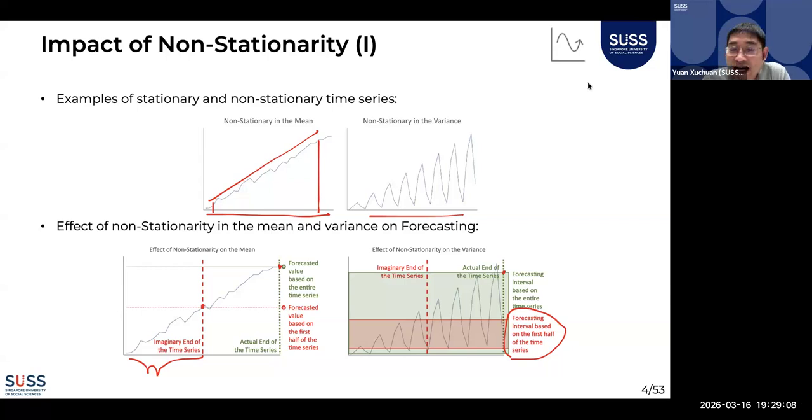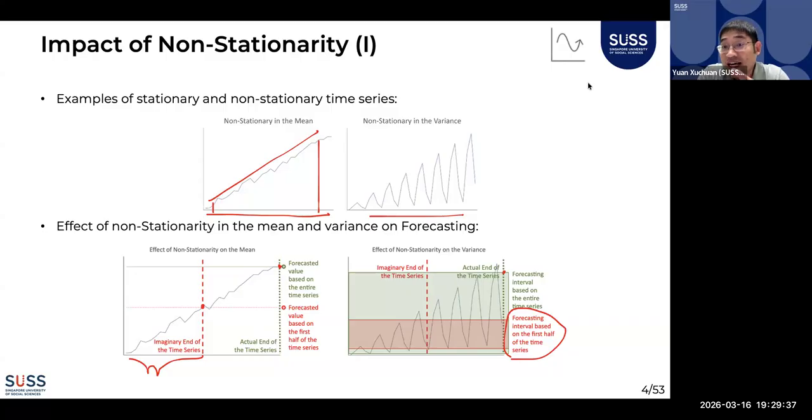Nicholas, stationarity does not necessarily mean the data have seasonality. If your data have seasonality, your data is not stationary for sure, right? And if your data have trend, your data is also not stationary. If your data have cycles, your data is not stationary.